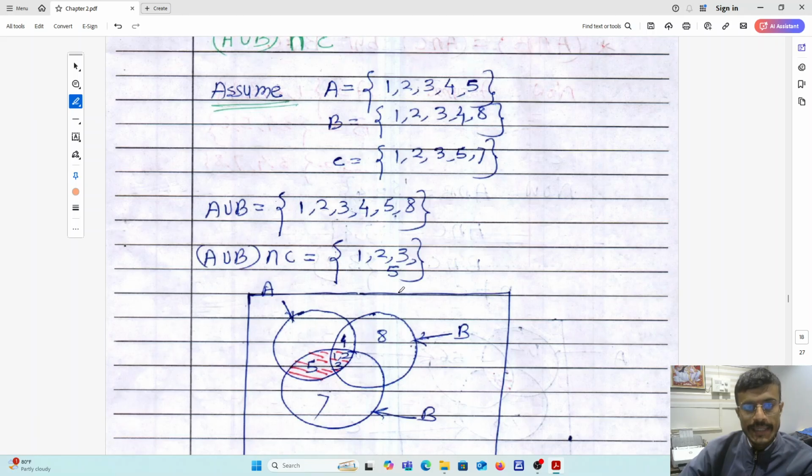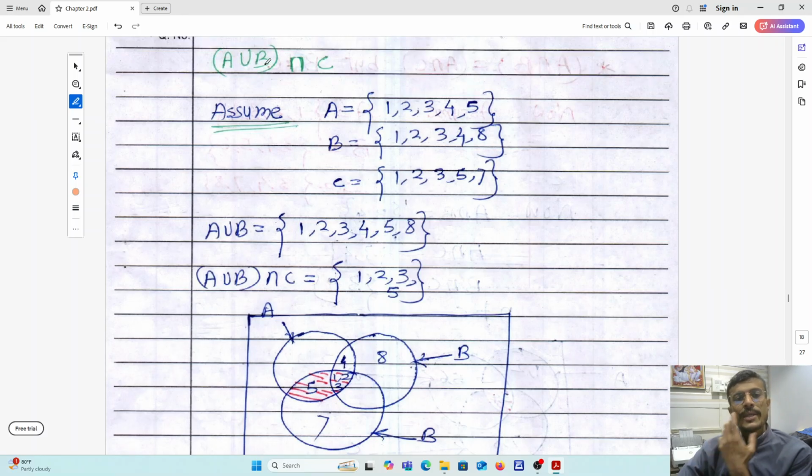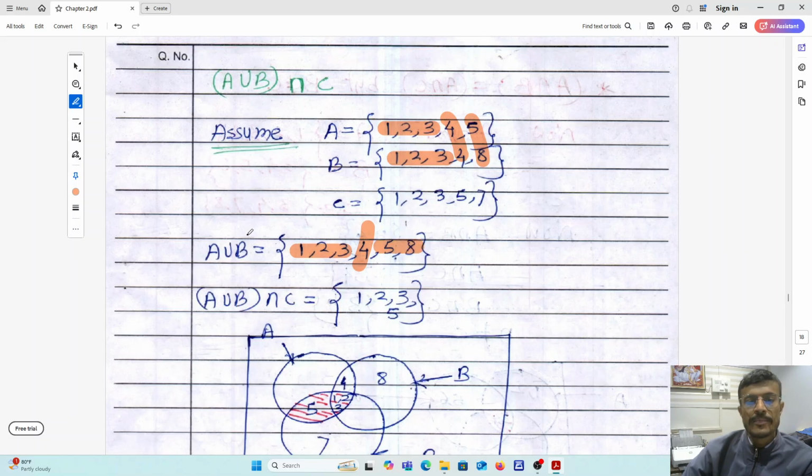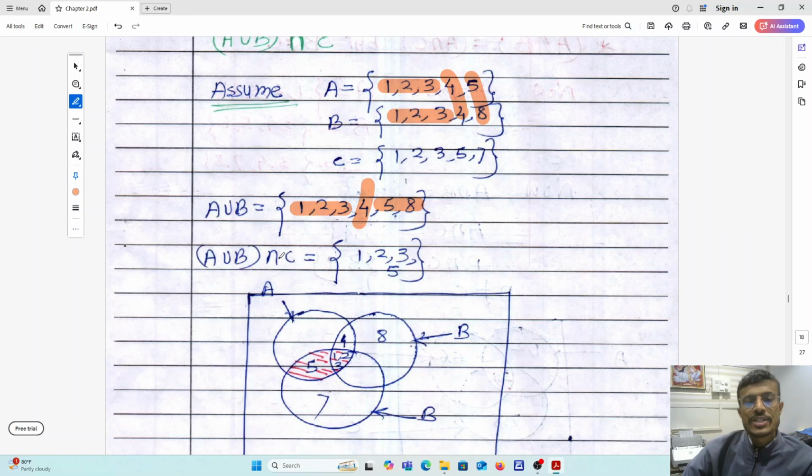Fine. Then next one, (A union B) intersection C. So what will be the result for A union B? You can see here 1, 2, 3, and 4 is common, taken once here, and 5, 8. So that is A union B. Then what is (A union B) intersection C?